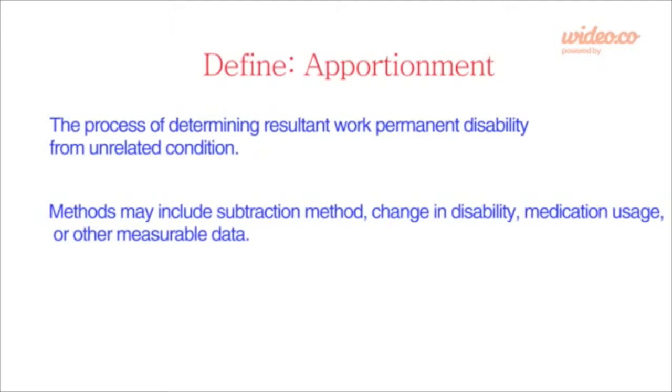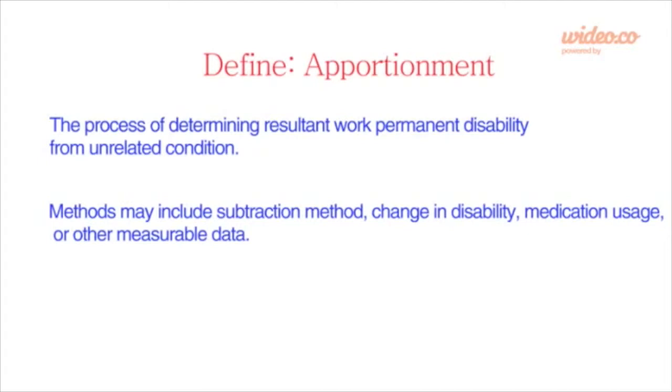Other approaches can also be used, such as medication usage. Perhaps before I used 2 Tylenols a day, and now I'm using 4 Tylenols a day. But that's necessary to remain at the same level of permanent disability I was before I got hurt on the job.